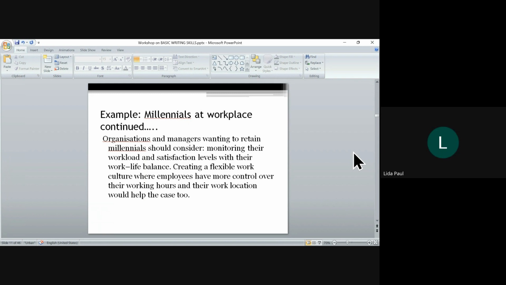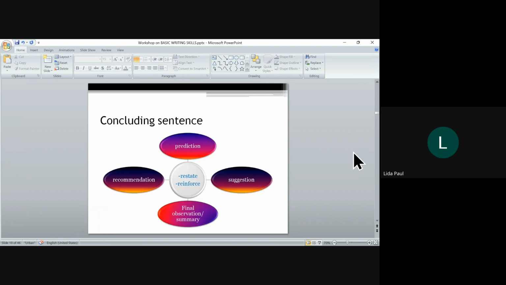Suggestion or recommendation sorts, right? So this particular writer has adopted the recommendation or suggestion style of concluding sentence. But of course, like we saw, there could be other possibilities or options too, like writing a predictive sentence or a summary sentence or a final observation, so on and so forth.